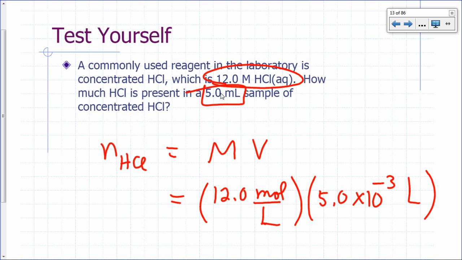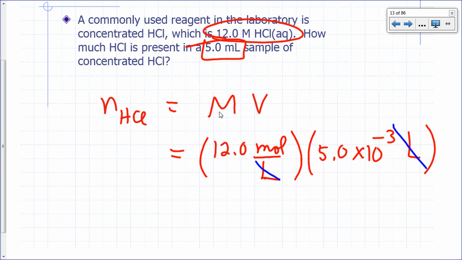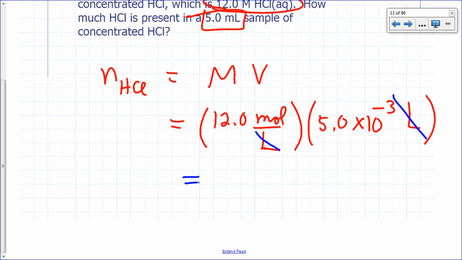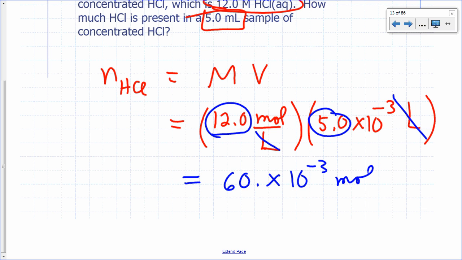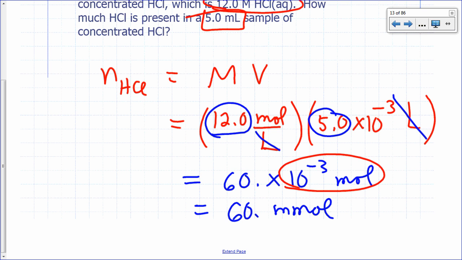So liters cancel out. That gives you 12 times 5 is 60, 60 times 10 to the negative 3 moles, with 2 sig figs. Or you can say that's 60 millimoles, because 10 to the negative third moles is a millimole.